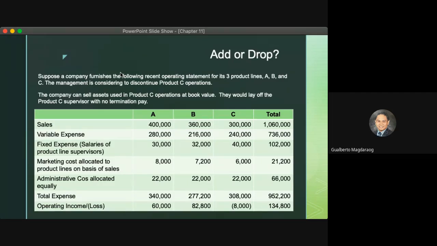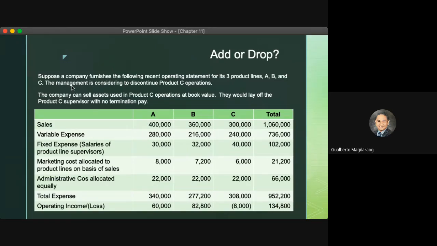Simple lang gagawin mo. This is a total project approach. You compute for the operating outcomes of all the segments or product lines, katulad ng ginawa niya, A, B, and C. And then you check whether that segment or product line will have a positive impact or a negative impact in total.